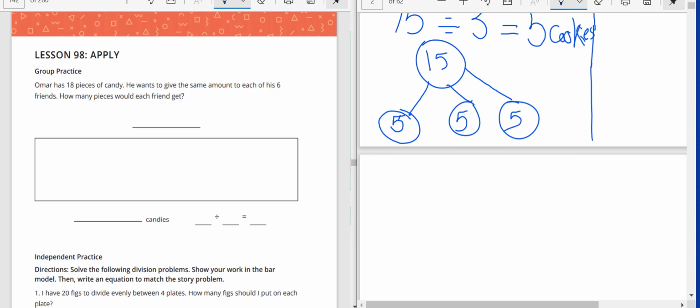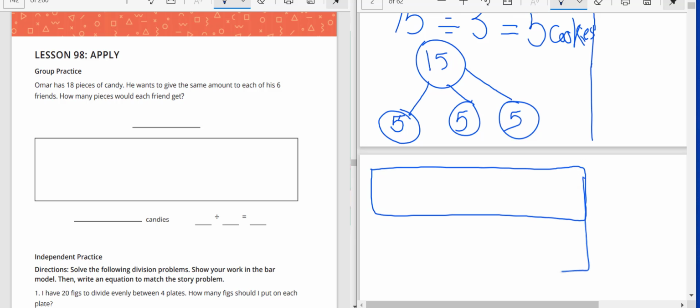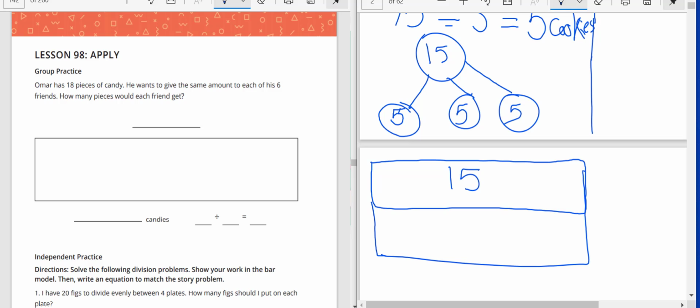Okay. In this term, we will take another model to solve this problem. We will take the whole model as we use it in the fraction. Here we have one whole. One whole is 15 cookies. We want to divide this one whole into 3 equal parts or 3 thirds that represent 3 groups.